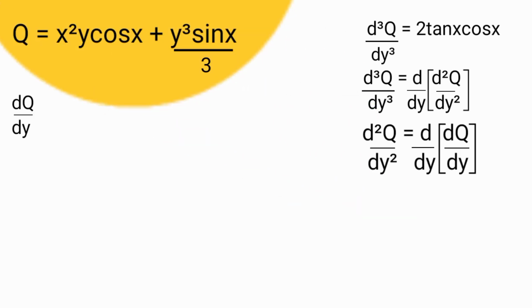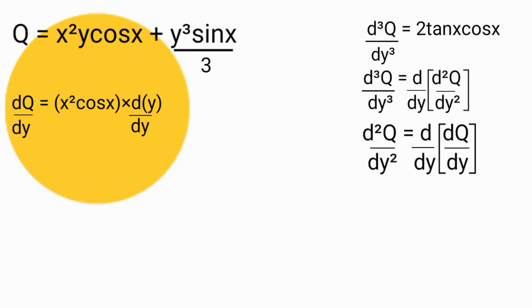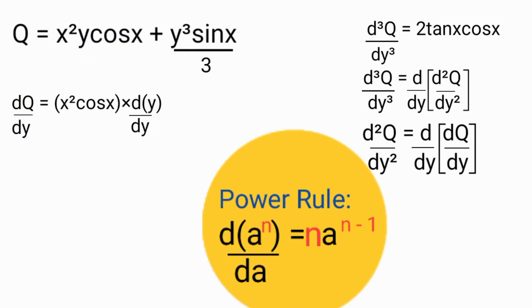The differential of x squared y cos x plus y cubed sin x with respect to y. Now from this here, since we are differentiating with respect to y, x squared and cos x are constant. We are only going to differentiate y. Now using the power rule, the differential of y to the power n is n y power n minus 1. y is the same as y power 1.